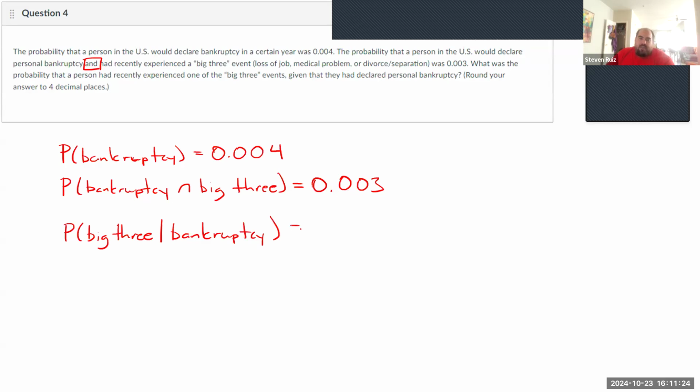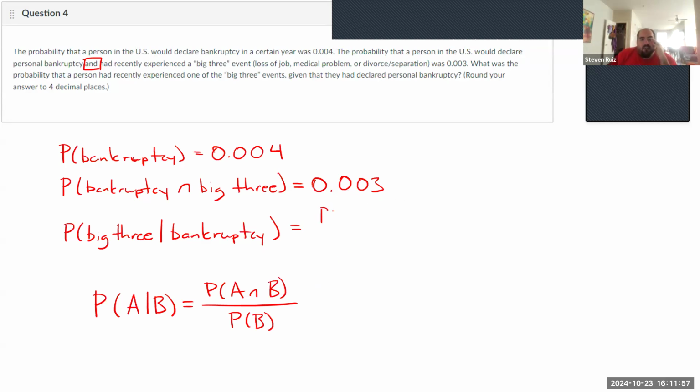So in general, how do we calculate things like this? A formula we've seen in the notes and on the videos before: the probability of A given B is equal to the probability of A intersect B divided by the probability of B. So we're going to follow that same mold here.